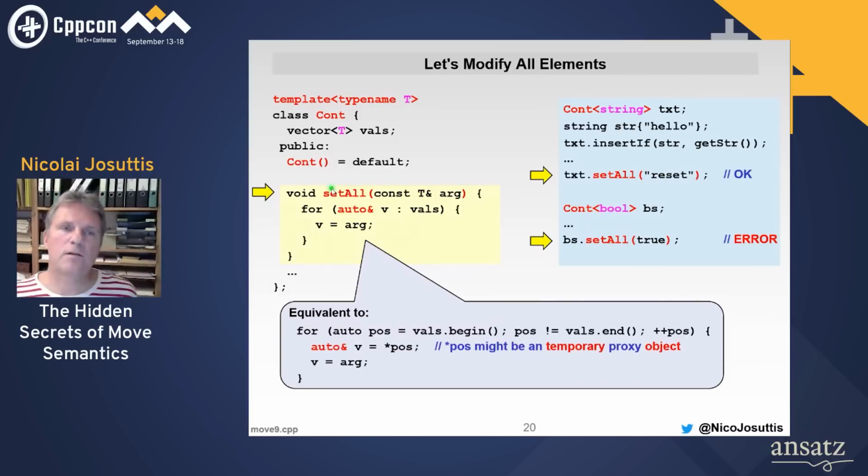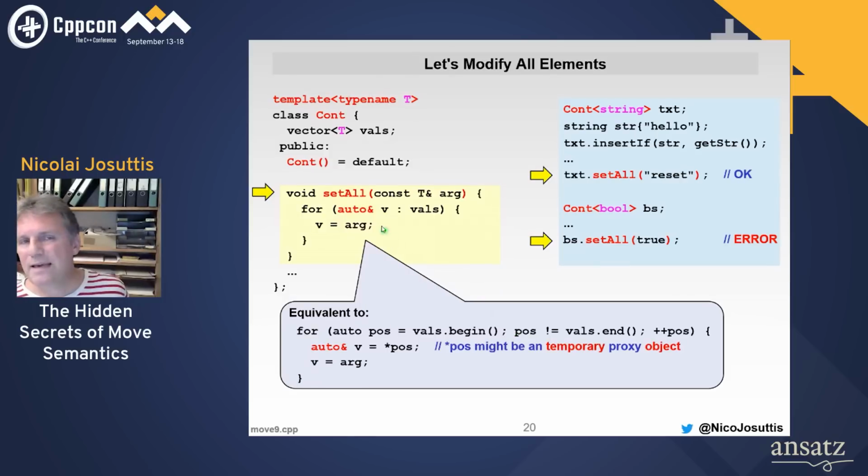Well, let's look at what the range-based for loop, which we use here, does. The range-based for loop, or the code we have here, is roughly equivalent to this. We initialize an iterator with the begin of this vector. And while we are not at the end, we iterate over all the elements.